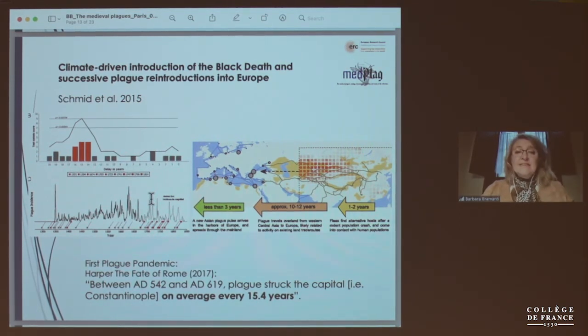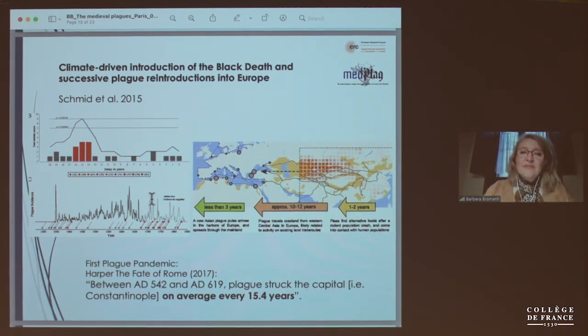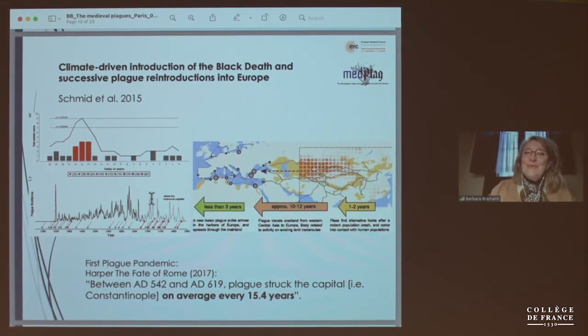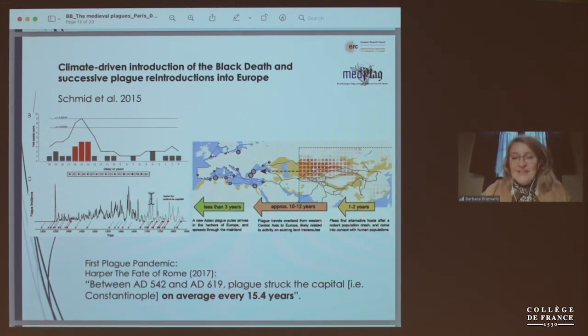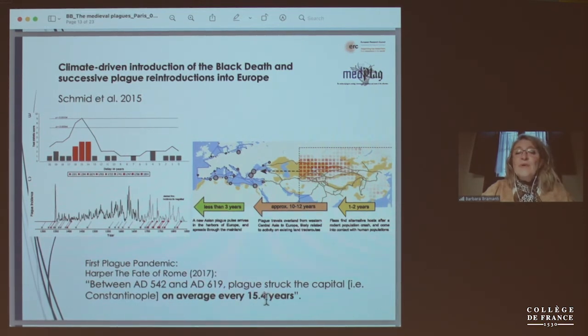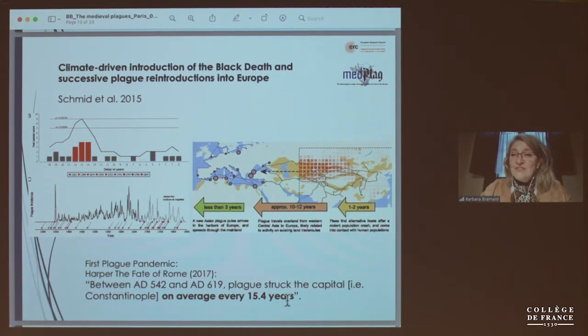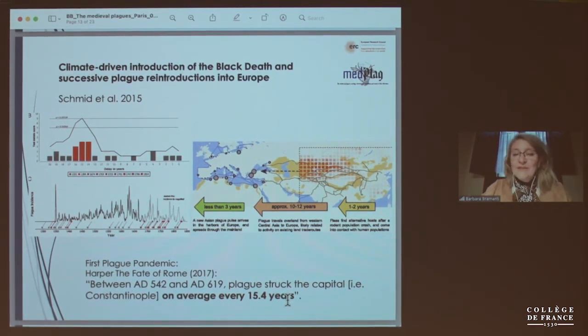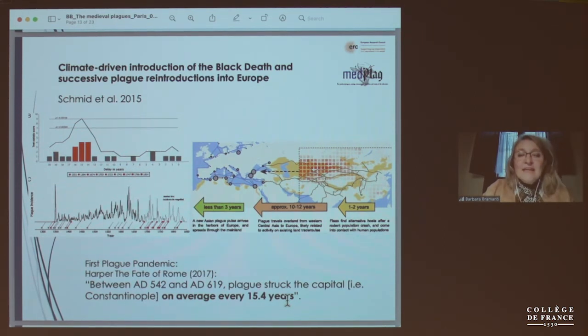If you consider that in Constantinople, which can be considered, together with Venice, the door from the Orient to the Western world, in Europe, during the first pandemic, plague struck on average every 15.4 years. This is interesting, and of course, it's just a suggestion, but it can be a good suggestion in our direction.